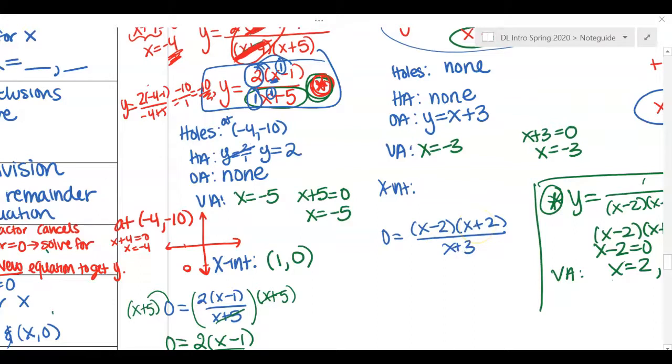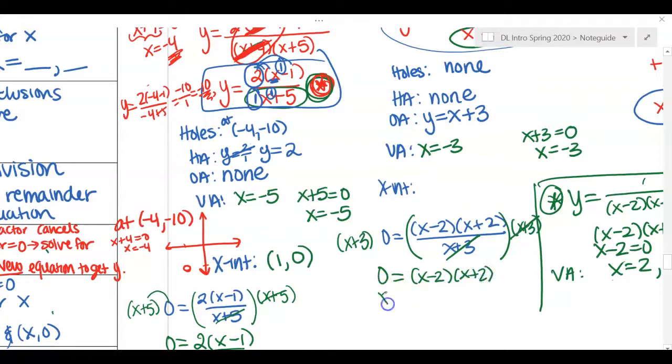And again, you have this rational function. This situation is going to keep occurring every time because of the type of function we're working with. So you want to multiply by that factor in the denominator. And again, 0 times anything is 0.